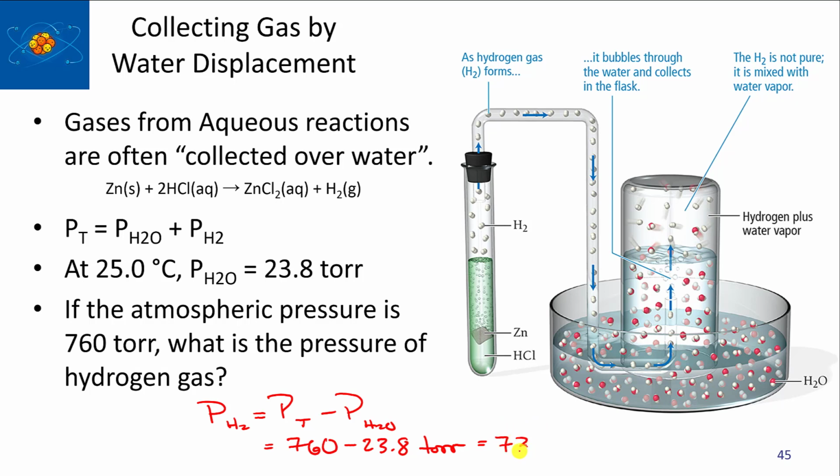That gives 736.2 torr. And then you can use that, for example, in an ideal gas law calculation to calculate perhaps the number of moles of hydrogen that were produced in the reaction.